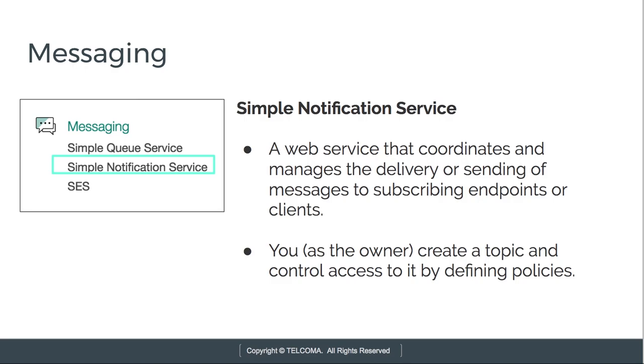It eliminates the complexity and overhead associated with managing and operating dedicated messaging software and infrastructure. Here, the owner can create a topic and we can control access to it by defining various policies. This is a web service. It coordinates and manages delivery or sending of messages to endpoints or clients.